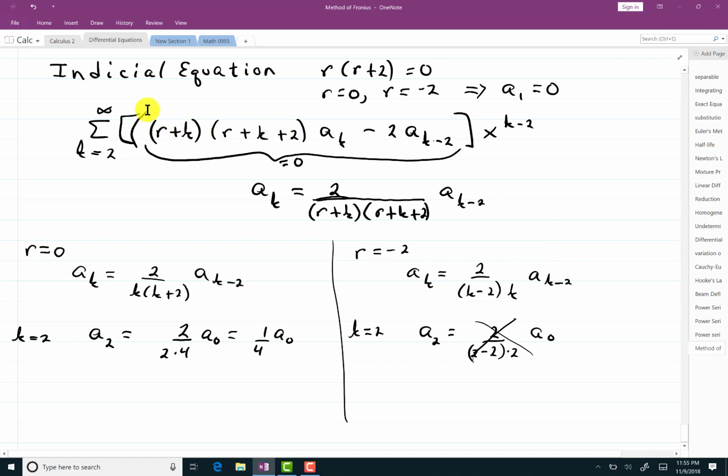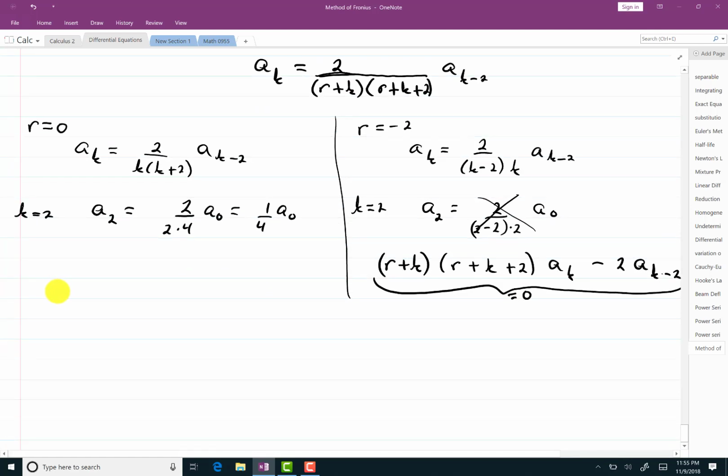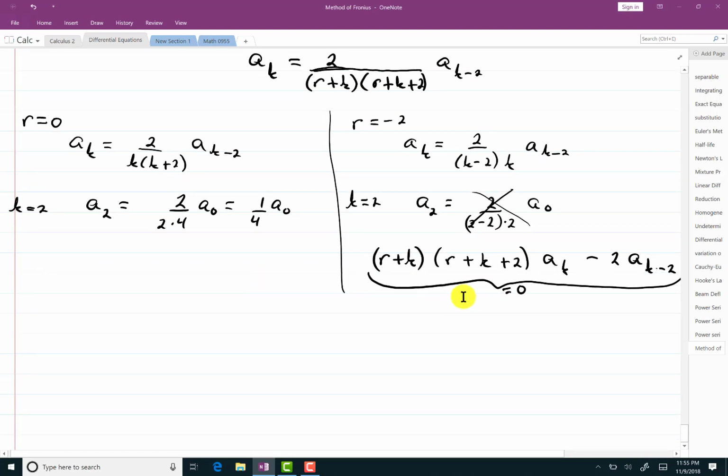Let me grab this stuff right here and show you what the issue is. If we try to put in r equals negative 2, watch what happens. I get k minus 2 times, r equals negative 2, and the other part is just k, like I said.